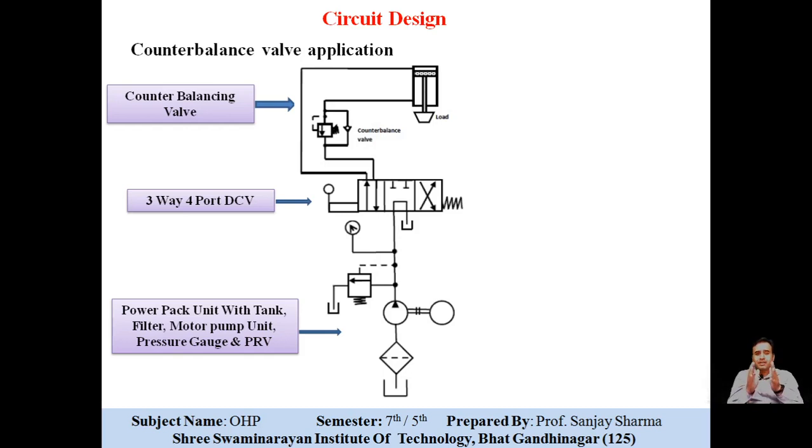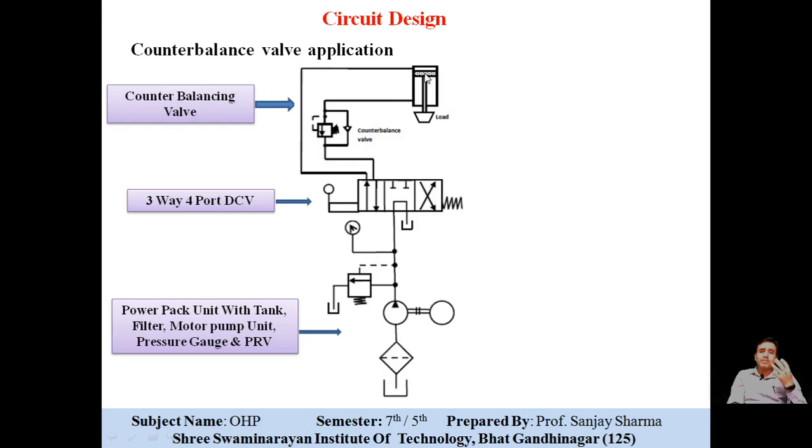For example, right now what we are seeing on the screen, you can assume the still position of the vertical actuator. So this is the still position, which you can call the suspended position. In this case the pressure on both the sides should be balanced so that this will remain suspended.